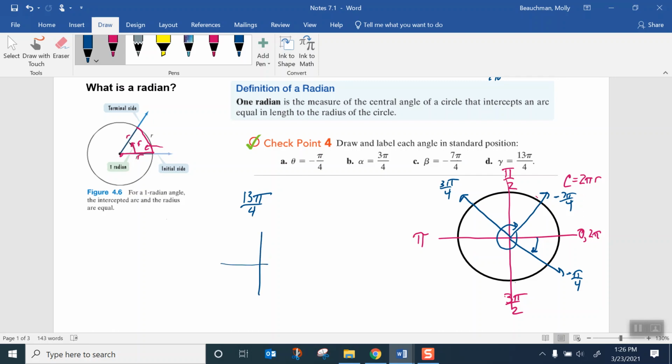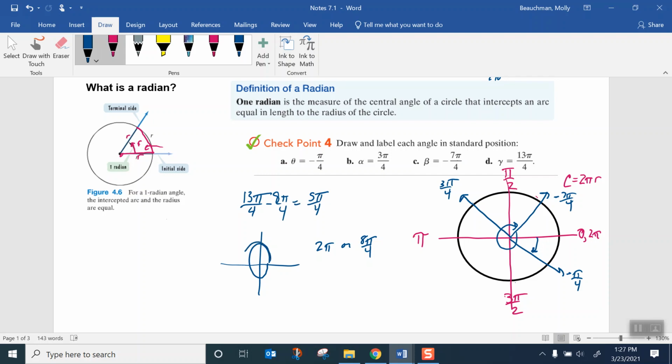So if we go around the circle once, that's 2 pi, or 8 pi over 4. So 13 pi over 4 minus 8, we're left with 5 pi over 4.